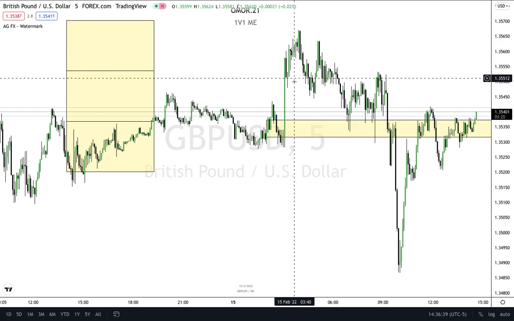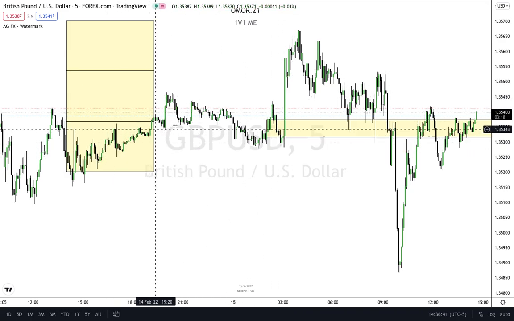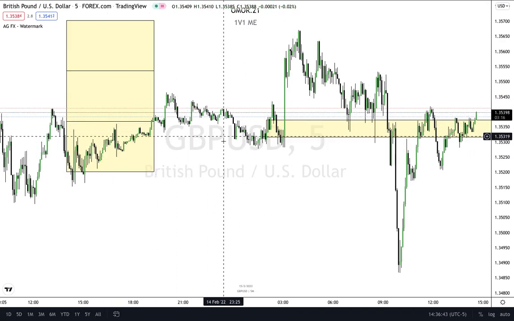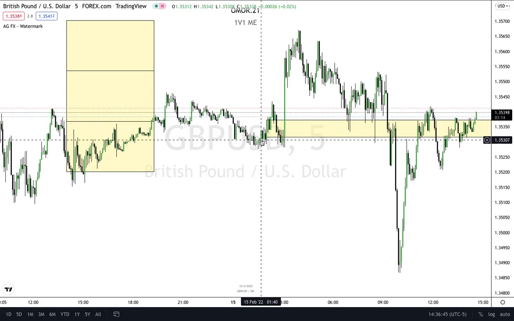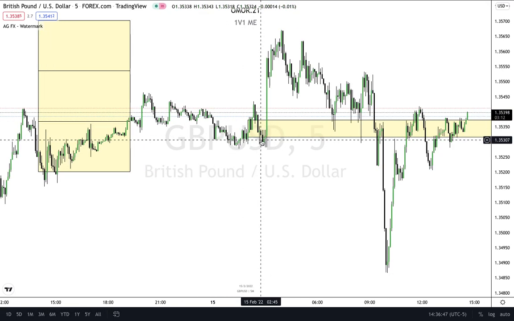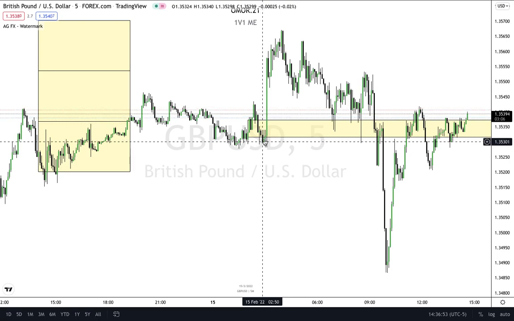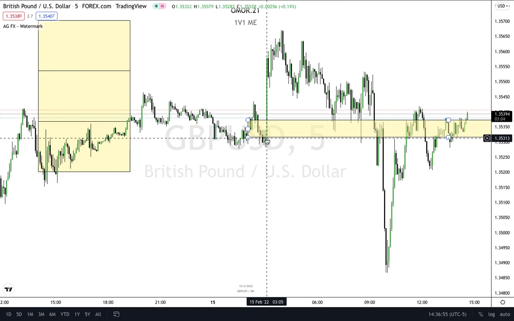How can a bank keep price in such a perfect range? I'm not saying that banks don't have any control. They do have some small manipulation, but the lion's portion of the market is controlled purely off an algorithm that operates 24 hours, 5 days a week.